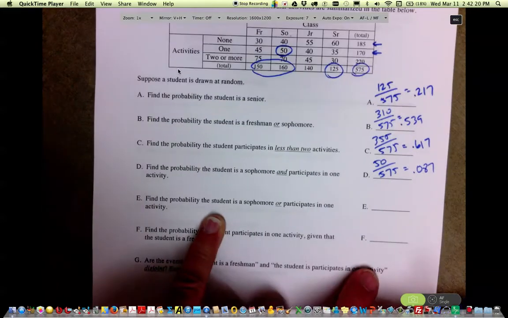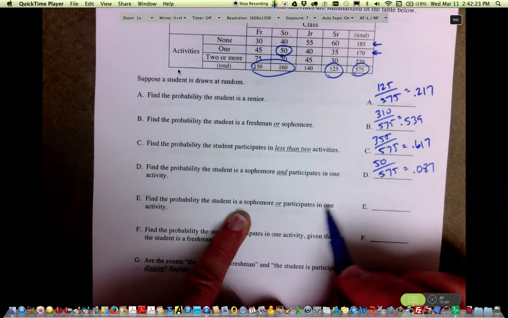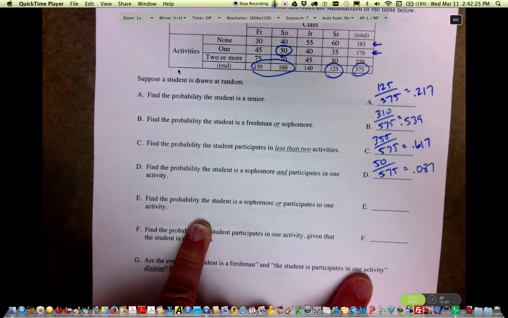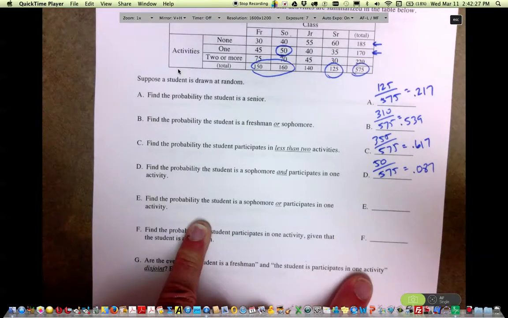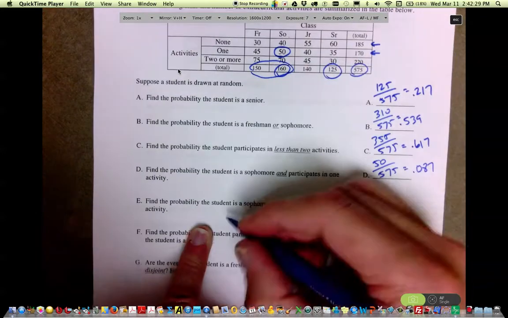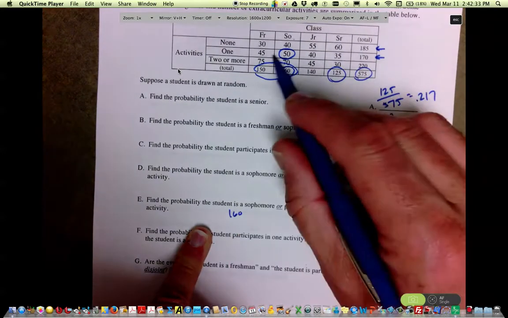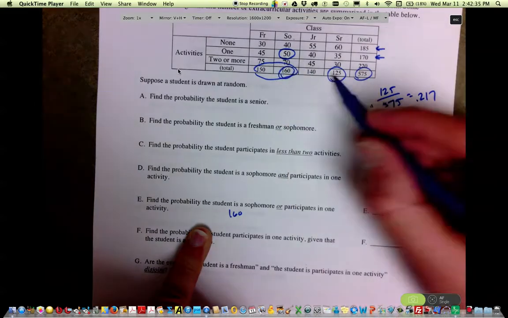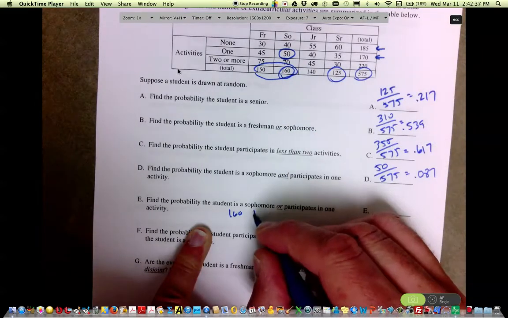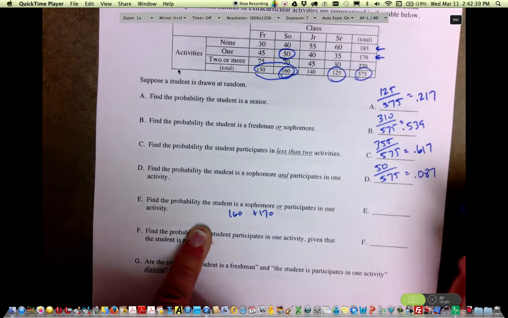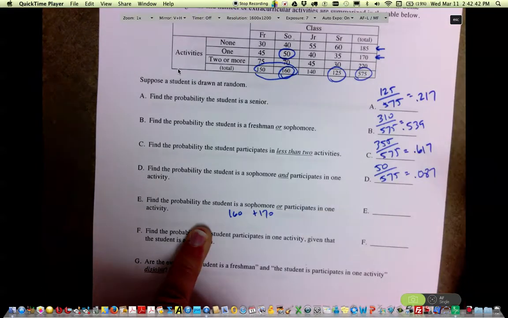Find the probability a student is a sophomore or participates in 1 activity. There's going to be a bunch more of these. There are 160 sophomores. There are 170 people that participate in 1 activity.